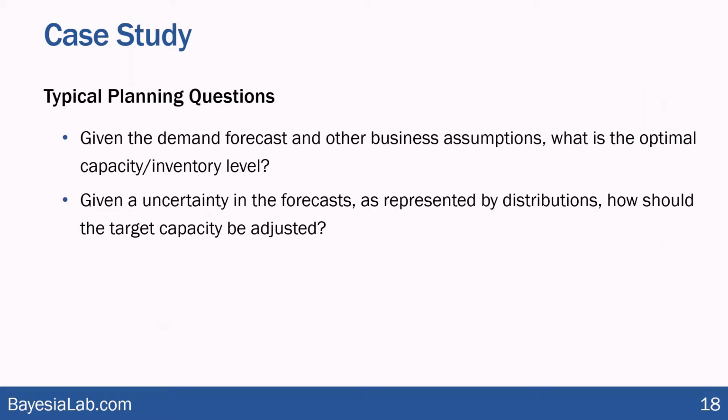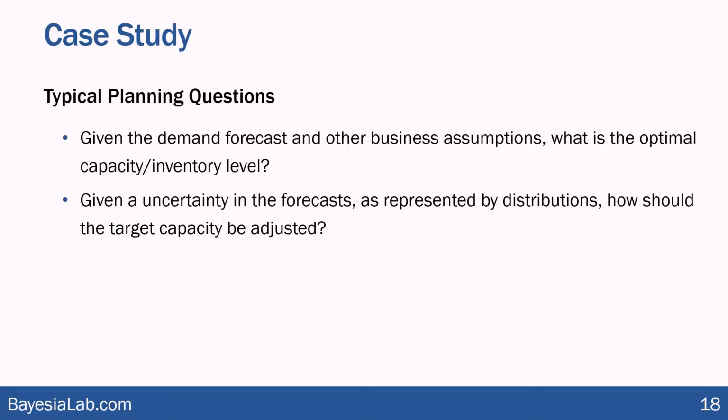So these are the typical questions we want to answer in the context of our business case development. Such as, given the demand forecast and other business assumptions, what is the optimal capacity or inventory level? And here I'm using capacity and inventory interchangeably. Again, this is a very generic business case.